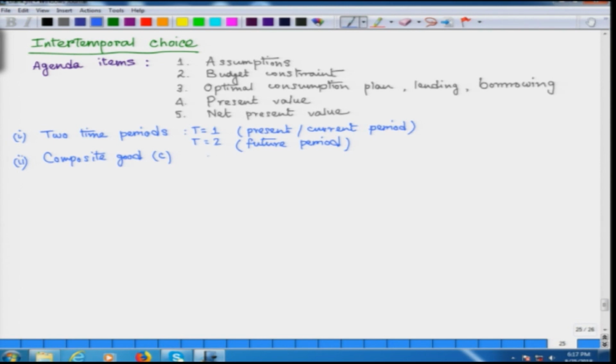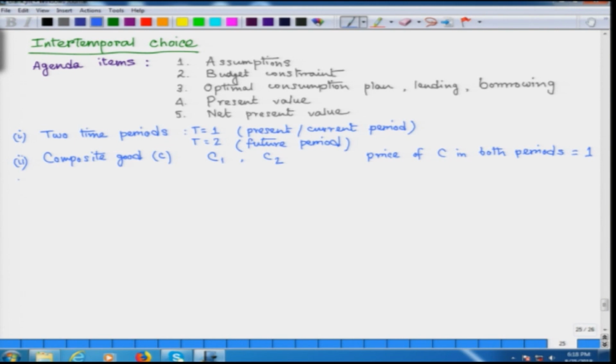So, we can say that C1 is basically the current consumption level and C2 is basically the future consumption level, and we assume that the price of this consumption good is 1 in both the periods. So, no inflation basically, that is the implication.